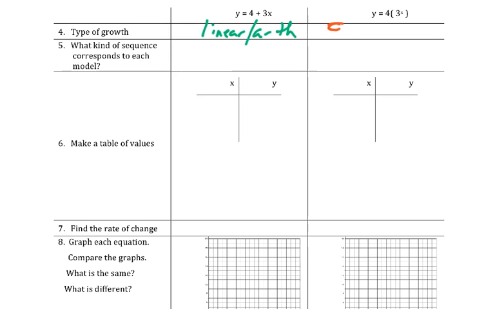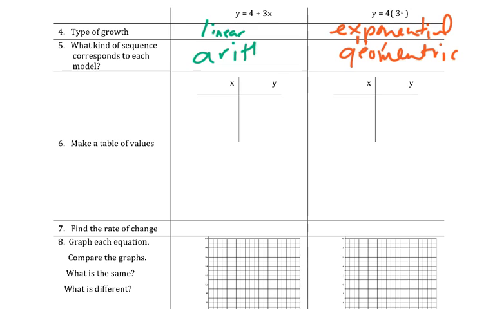So that's exponential or geometric. Okay, and I suppose this is where we'd write the sequence geometric. So this top part would just be exponential. So this one would be linear, and its sequence is arithmetic.